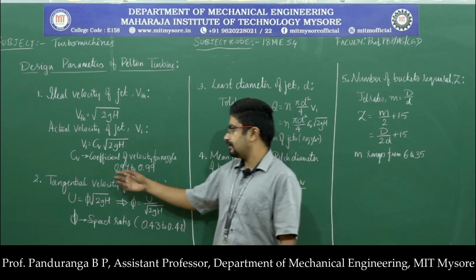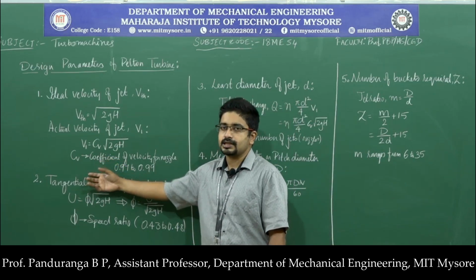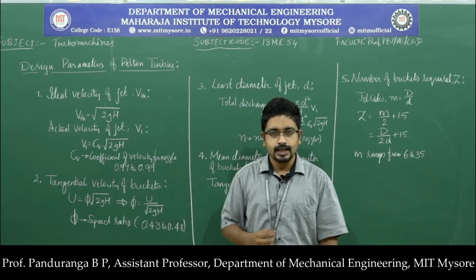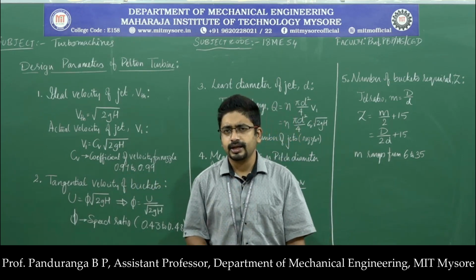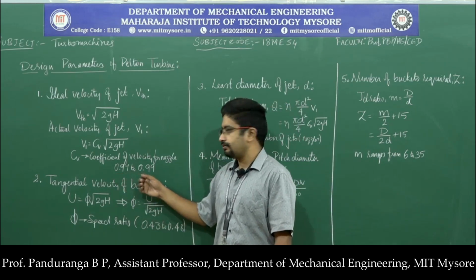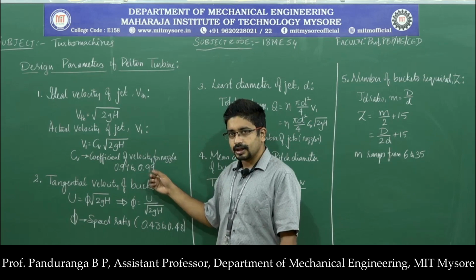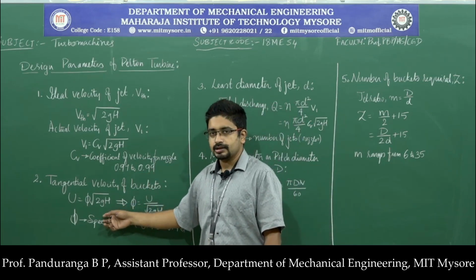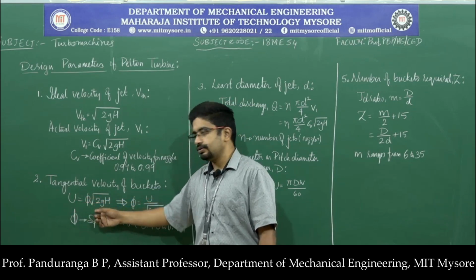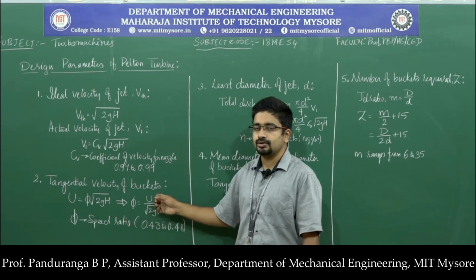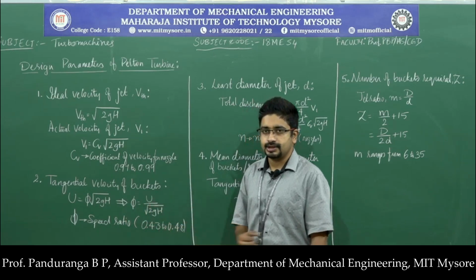I forgot to say that Cv ranges between 0.97 and 0.99, as the losses in the nozzle are very minimal. Because of that, here we have not considered Cv. So u will be equal to phi into root of 2gh, or the speed ratio phi can be written as u divided by root of 2gh.